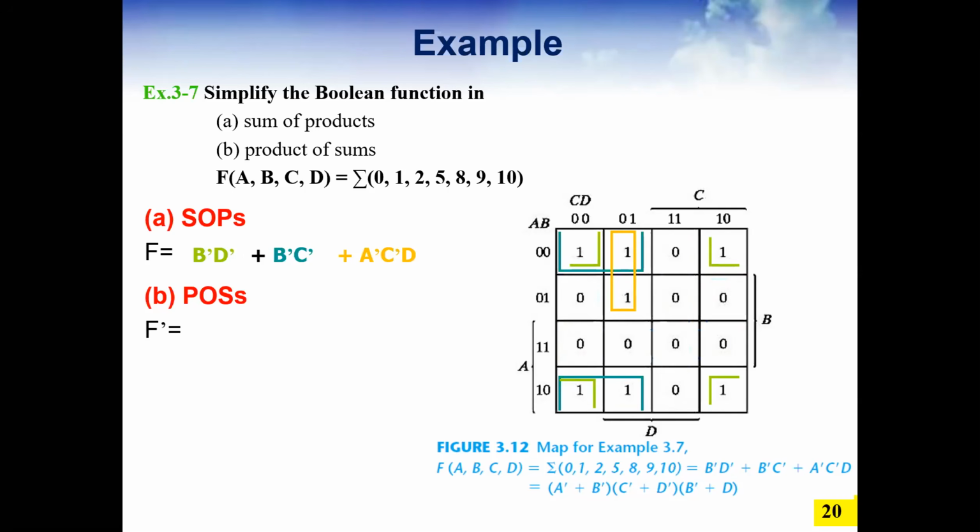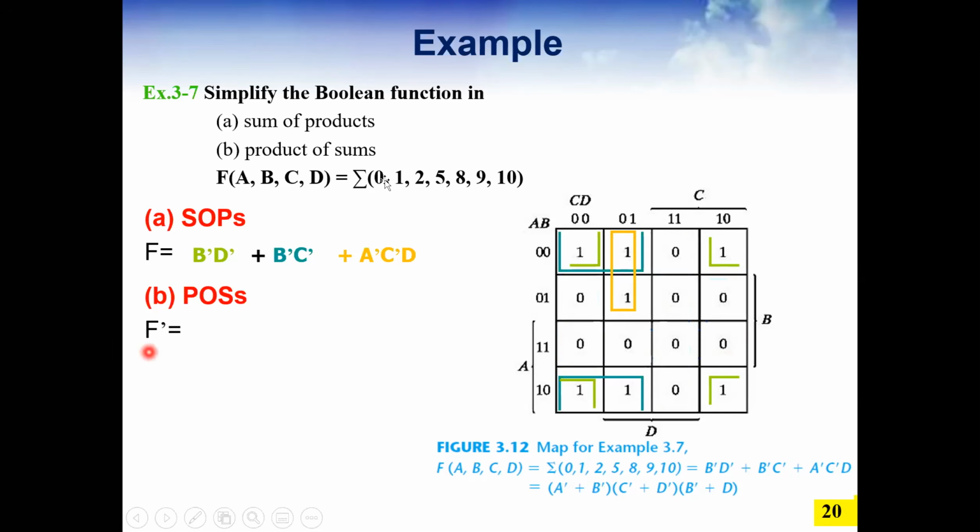Now side by side, in part B, we are asked to find the product of sums solution. The way is that you have to find the maxterms, then place zeros in place of them, and then combine the zeros basically. All right. So these are the zeros which are there. They are basically the maxterms. Now the function which I will be getting, I already told you, is F complement.